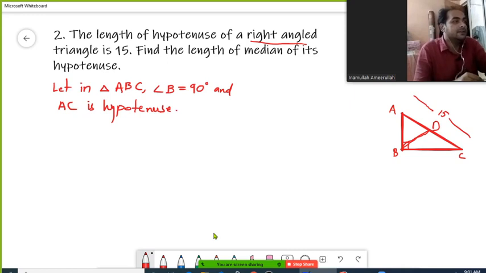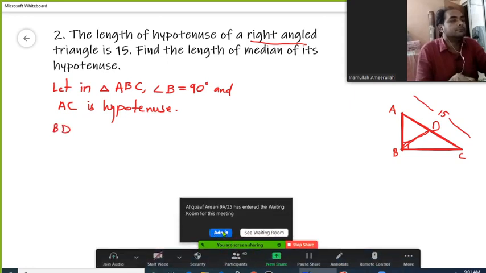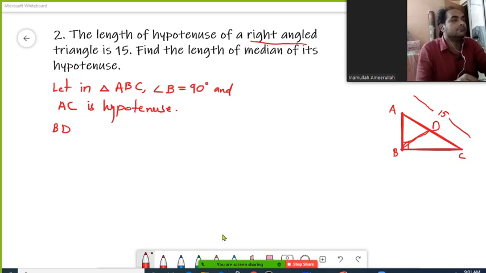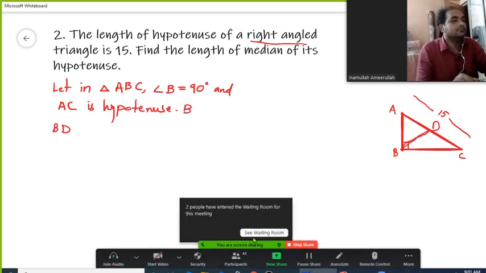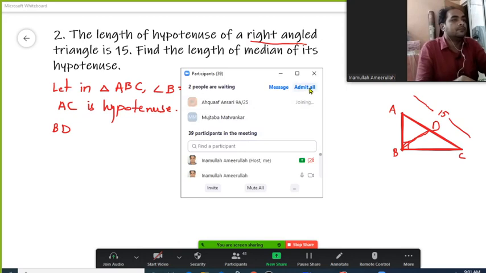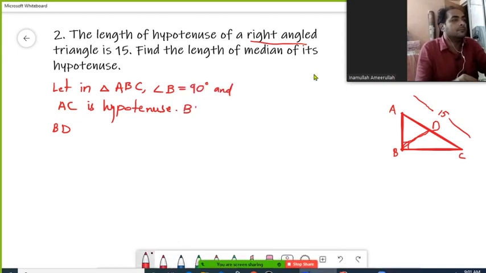BD is the median. According to the property of the median drawn in a right angle triangle, if BD is the median, then BD should be half of the hypotenuse AC.